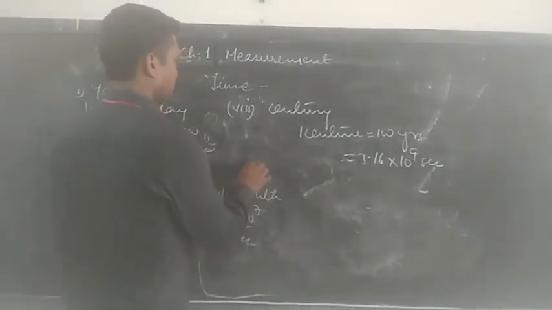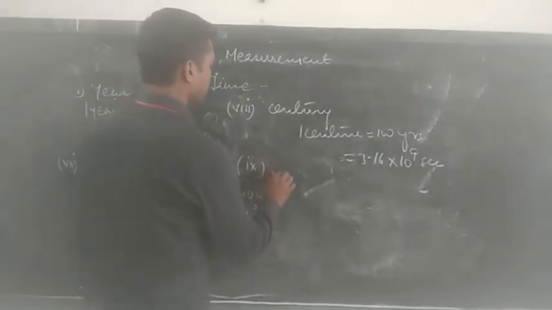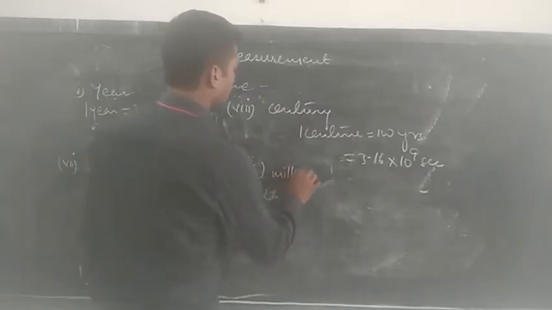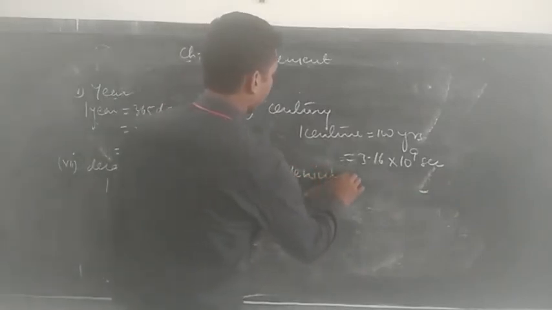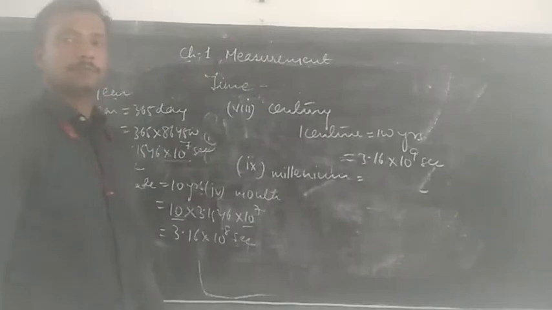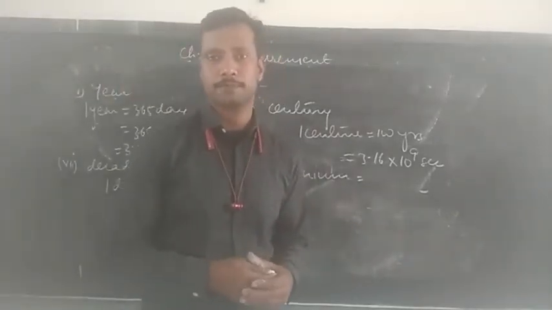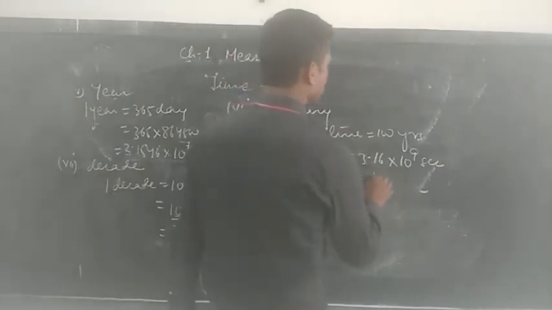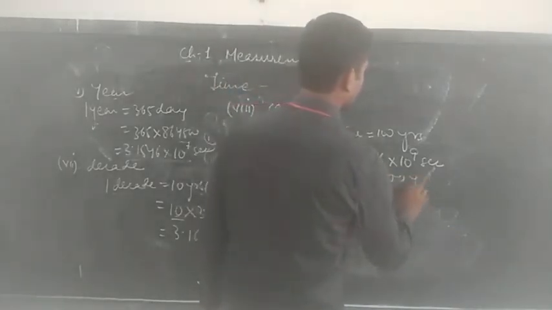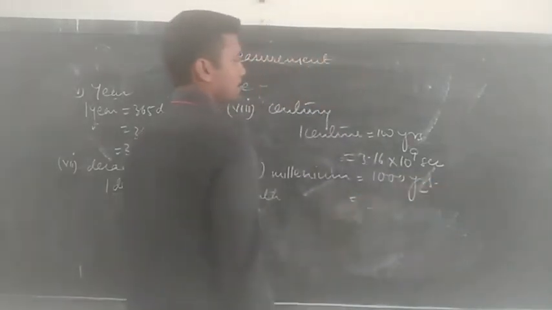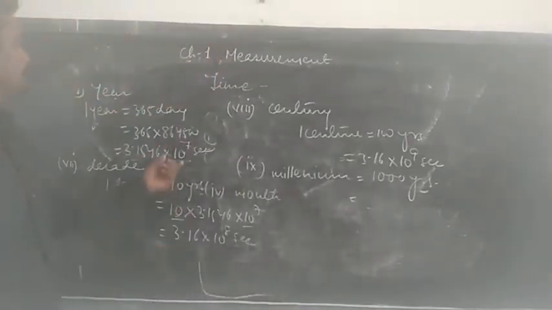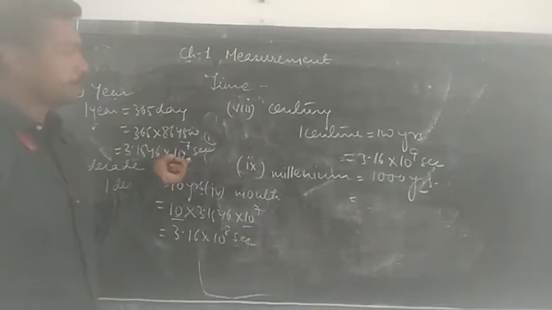We have one more, millennium. And one millennium is a period of 1000 years. So you have to multiply this figure by 1000, which increases the power to 10.